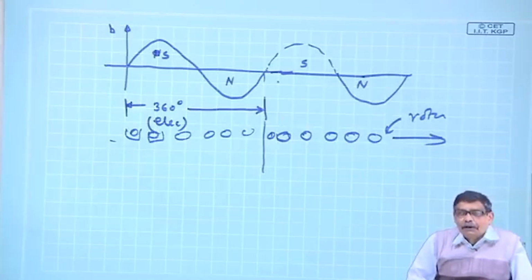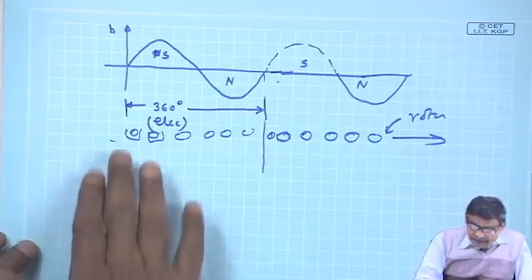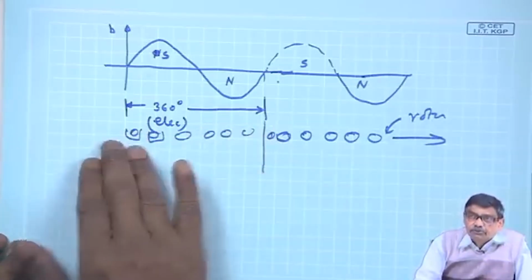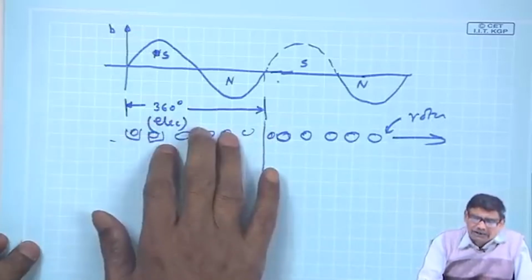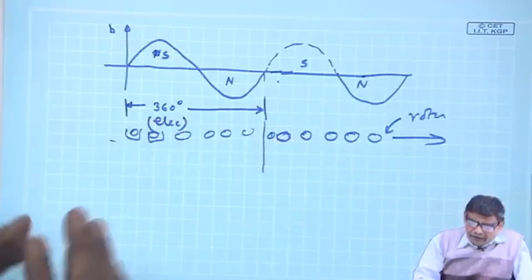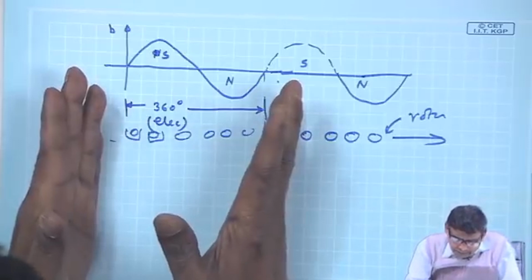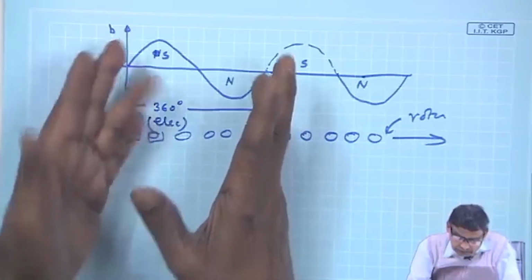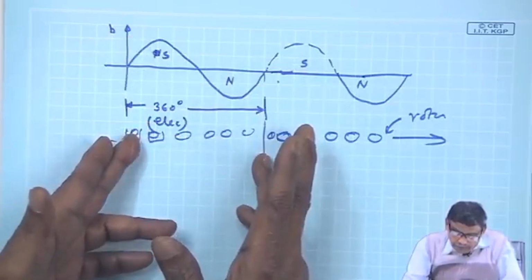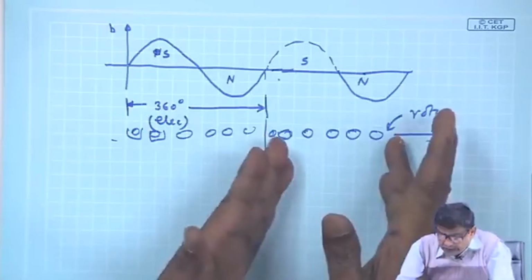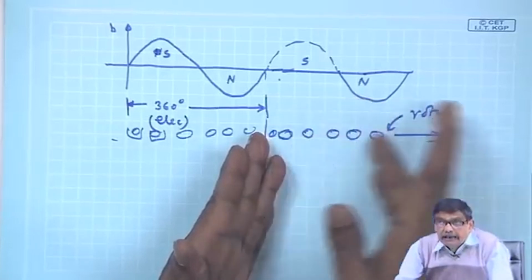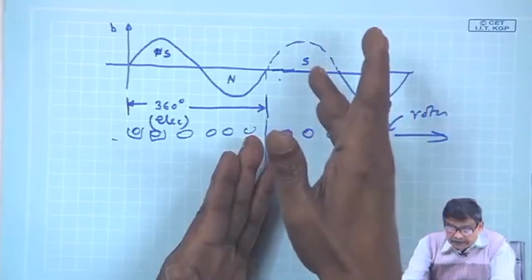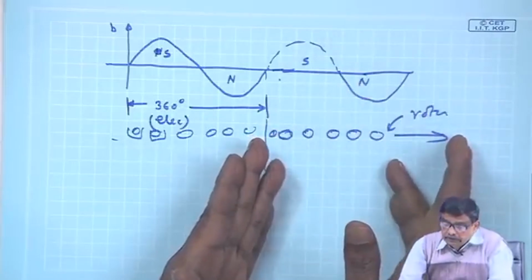Whatever is happening at a given time, so far as current distribution in the conductors, voltage induced in the conductors, their polarities, whatever is happening to this set of conductors under this pair of poles, identical things will be there in the conductors underneath the second pair of poles as well.